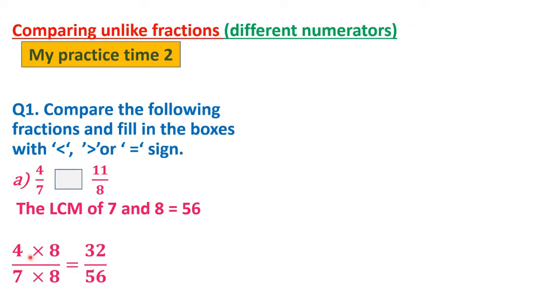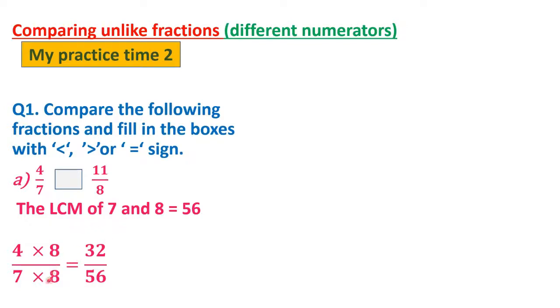First we take 4 by 7 and make its equivalent fraction so that the denominator is 56. We find the LCM because it is the common multiple of 7 and 8, so by this number we can get a common denominator in both fractions.